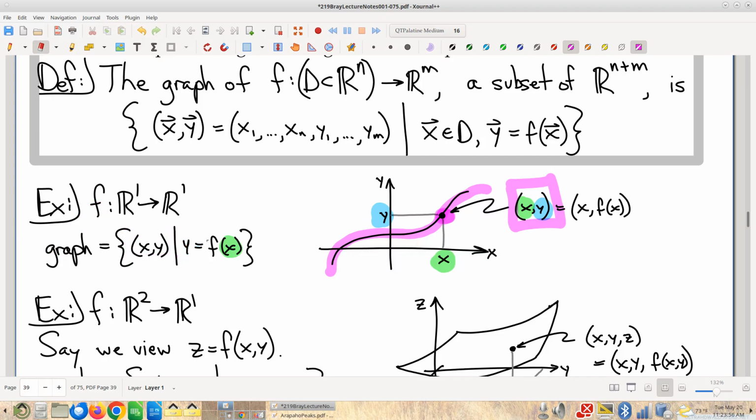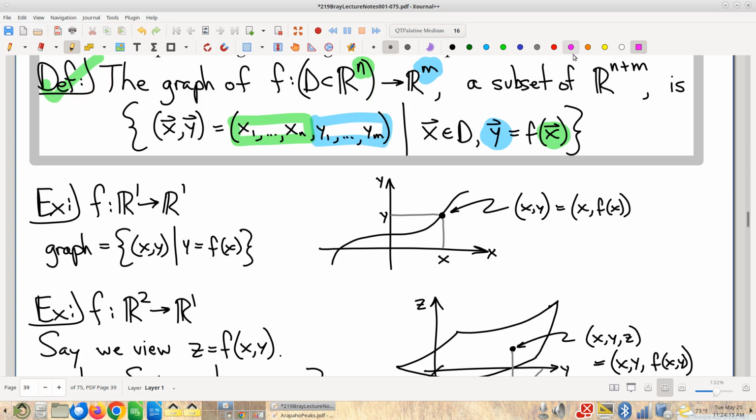Here's another way to think about it. By the way, that's what gives rise to this definition up here. In this definition, you notice the input might have multiple variables, so there might be multiple inputs. The output might, again, have multiple variables. But in the same way, we're going to say, list the inputs first and then the outputs second.